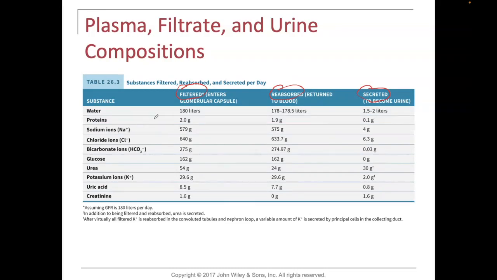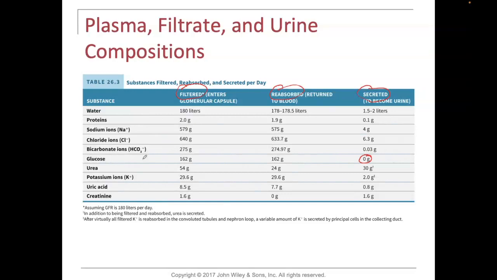Let's look at sodium. It's filtering 579 grams. We're reabsorbing 575, so we're just getting rid of 4 grams. Look at glucose. We're filtering 162 grams. We're reabsorbing 162 grams. How much should be in the urine? None.